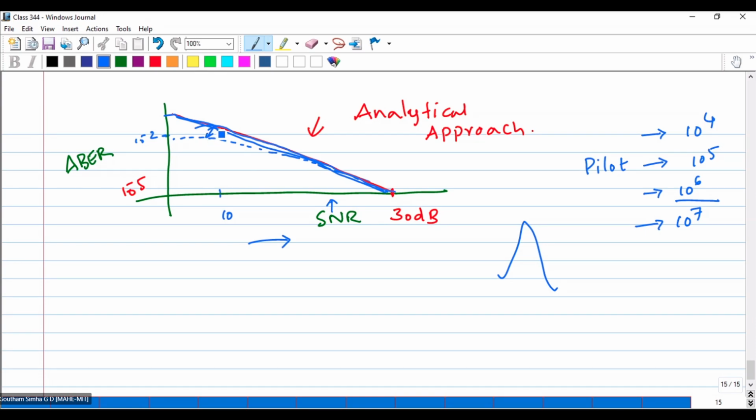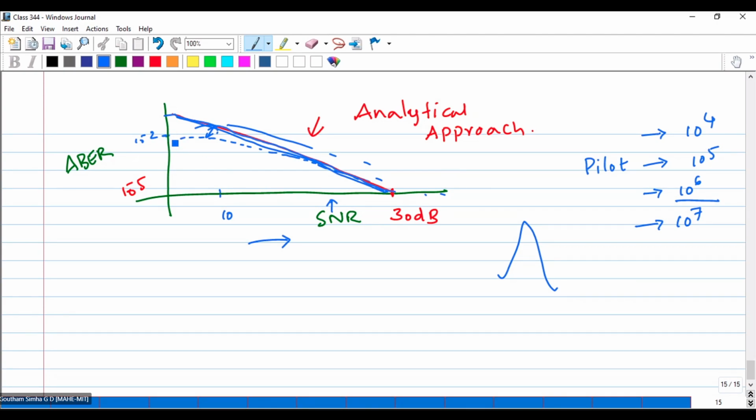This error is accepted because you will come to know the behavior of the system based on the analytical approach. The problem is if your Monte Carlo simulations go above this. Otherwise, it's not a problem, because whatever maximum you have obtained through the red line, it's the maximum ABER obtained for a particular branch.